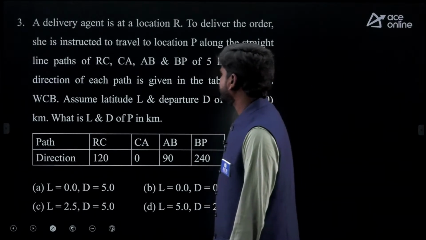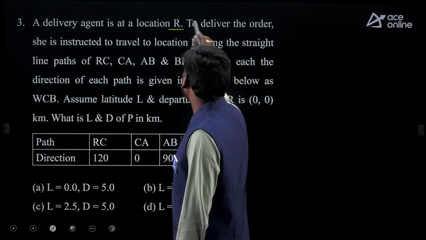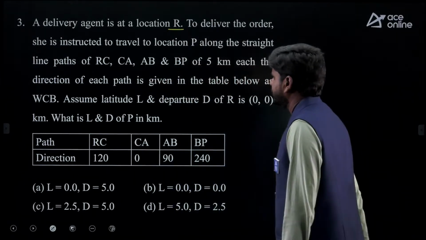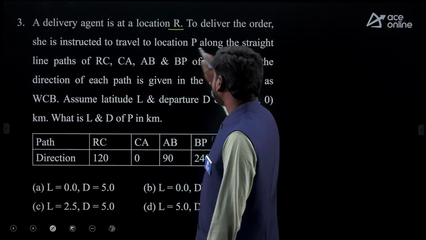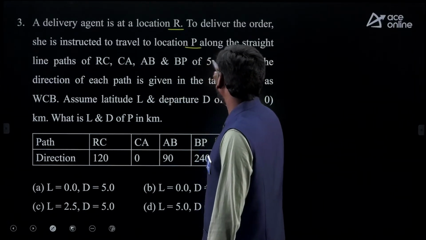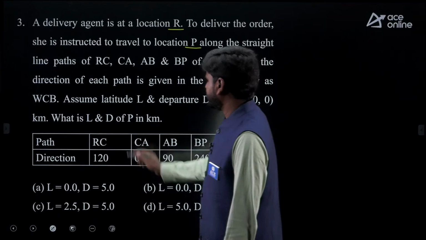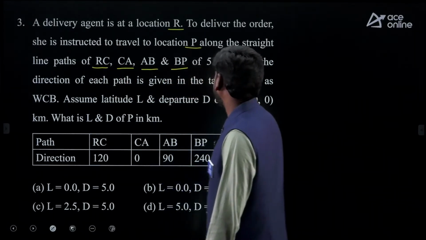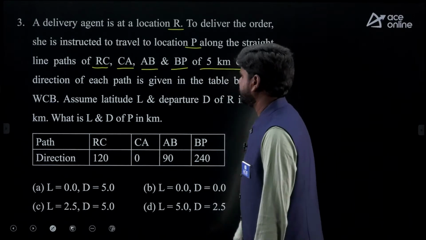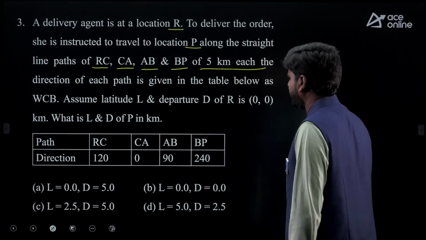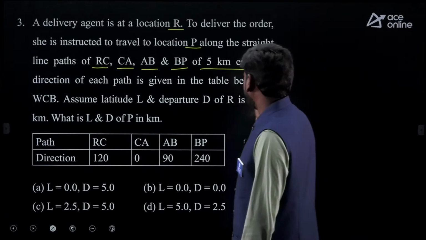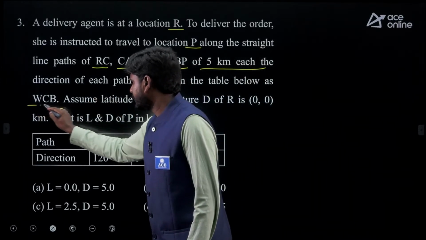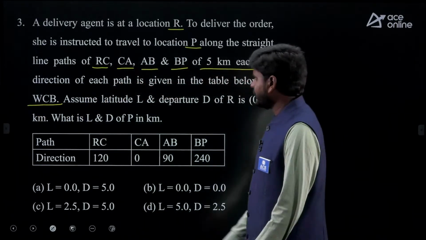A delivery agent is at a location R. To deliver the order, she is instructed to travel to location P along the straight line paths of RC, CA, AB and BP of 5 kilometers each. The direction of each path is given in the table below as whole circle bearing system.